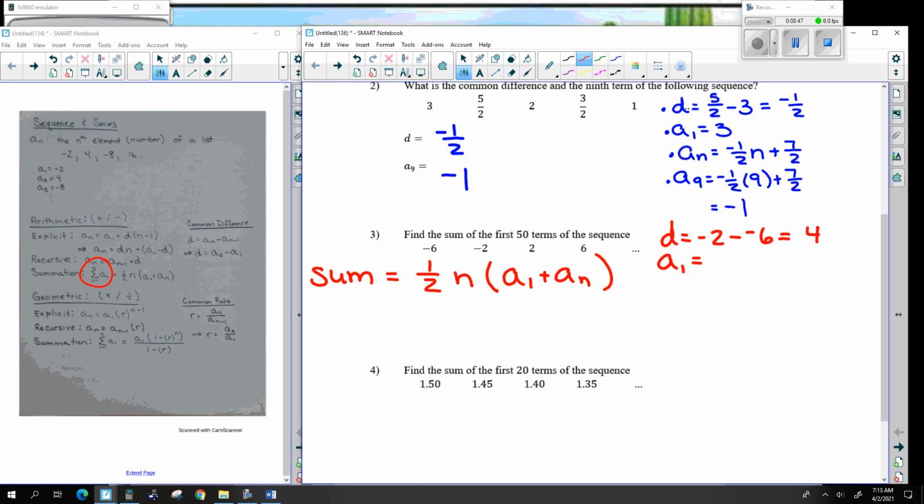A1 in this situation is negative 6. AN is 4N, negative 6 minus 4, negative 10. And then I'm after the 50th number, and that should be, what, 190, I think?